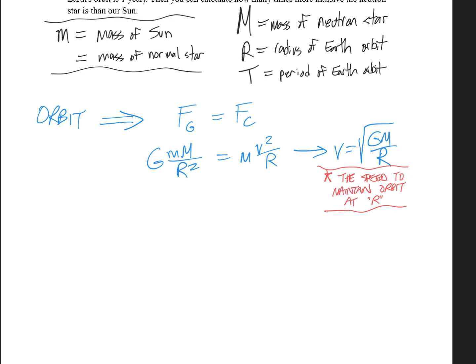All right, so we know that V, let me switch colors here. This linear speed is also the path length, and the path length of an orbit is the circumference of a circle, over time. This is just average speed, distance over time.